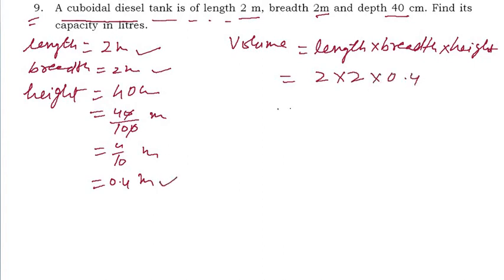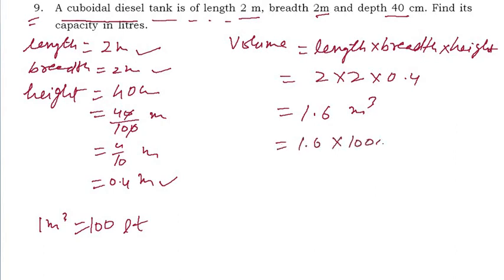So 2 times 2 is 4, and 4 times 4 is 16. So 1.6 meter cube. But as you know, 1 meter cube is equal to 1000 liter. Now put the value here. 1.6 multiplied by 1000, so it becomes liter. So 1600 liter. So that one is your answer.